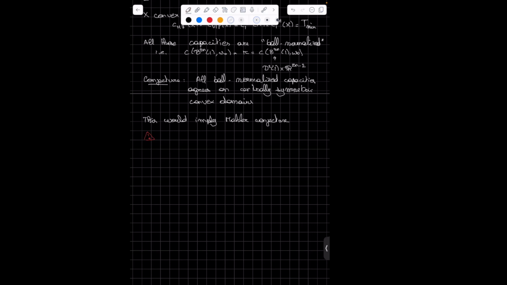The first statement, there are not so many assumptions. It relates the ECH capacities and the volume: the limit of the ECH capacities squared divided by k recovers the volume.